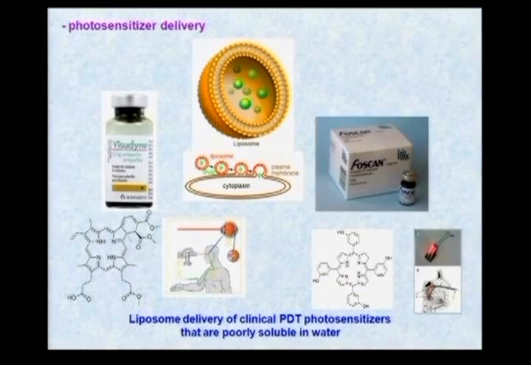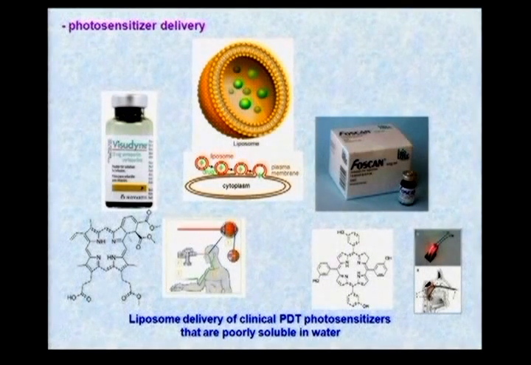So photosensitizer delivery, just as with lots of other drugs, photosensitizers can be delivered by nanoparticles, and in fact, two of the PDT drugs that are in the clinic now, Visudyne for macular degeneration, and Foscan, which is used for many things, but includes, for example, nasopharyngeal cancer treatments, head and neck treatments, are actually nanoparticle based.